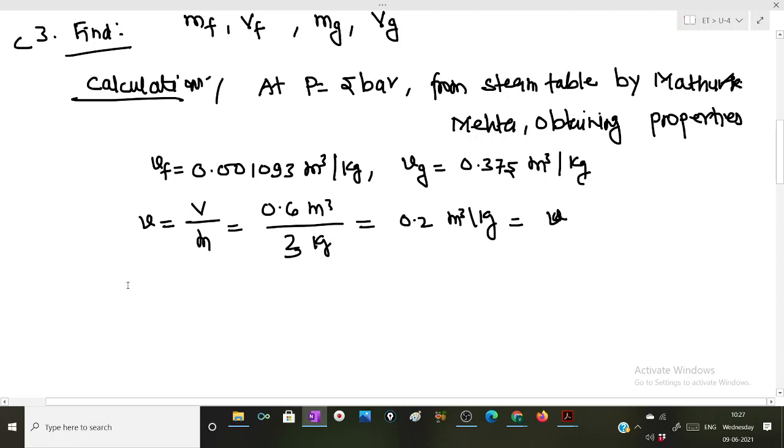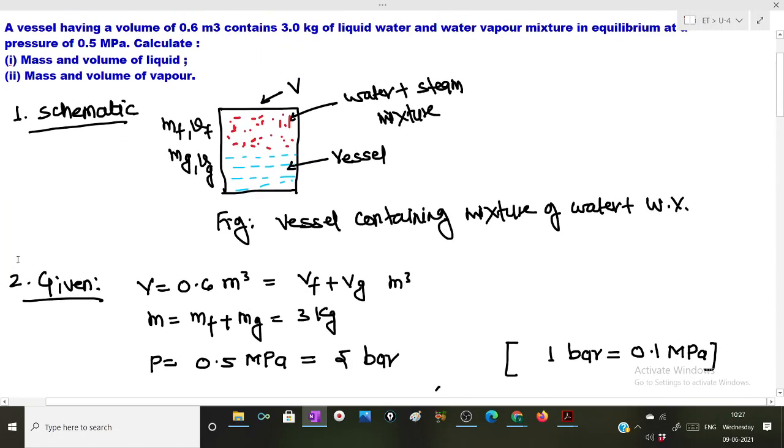Now from the problem statement it is also clear this vessel is containing a water plus water vapor mixture.